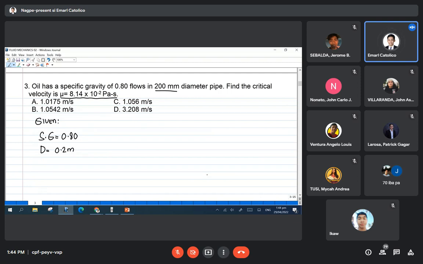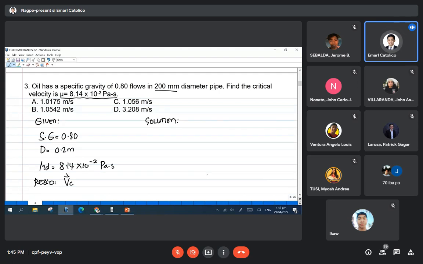As I said in the previous lecture, if it is not stated which viscosity, dynamic viscosity is the default. So 8.14 times 10 raised to negative 2 Pascal second. What we are looking for is the critical velocity.